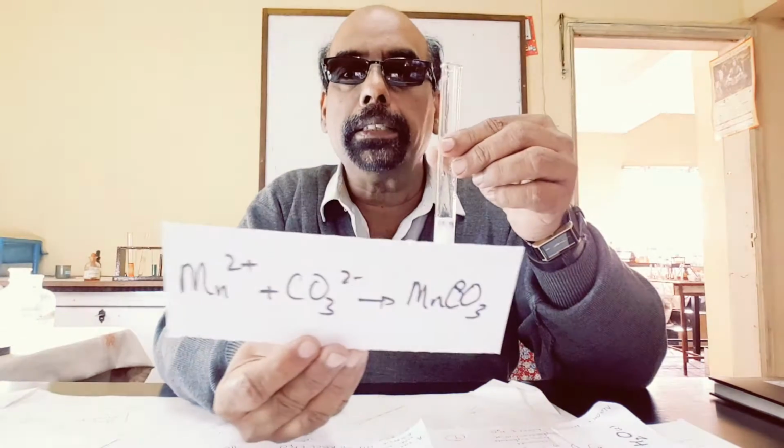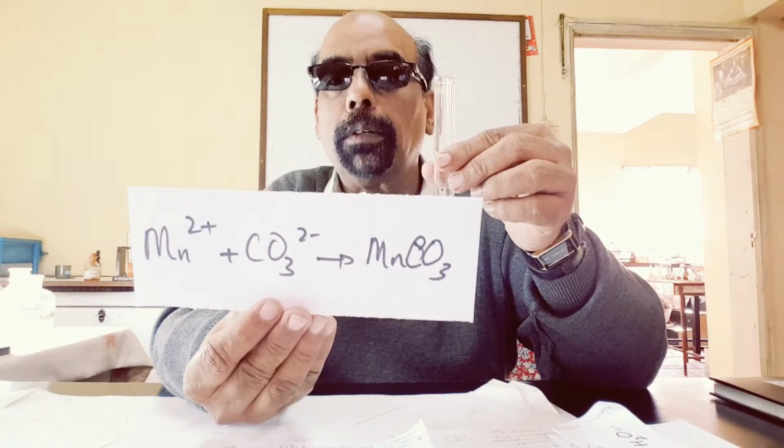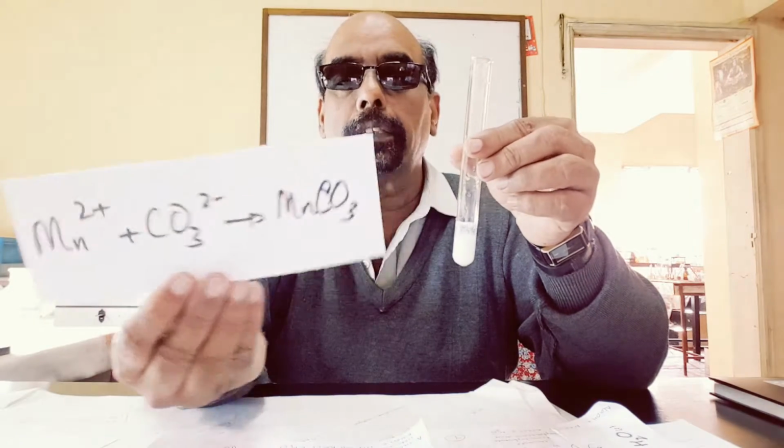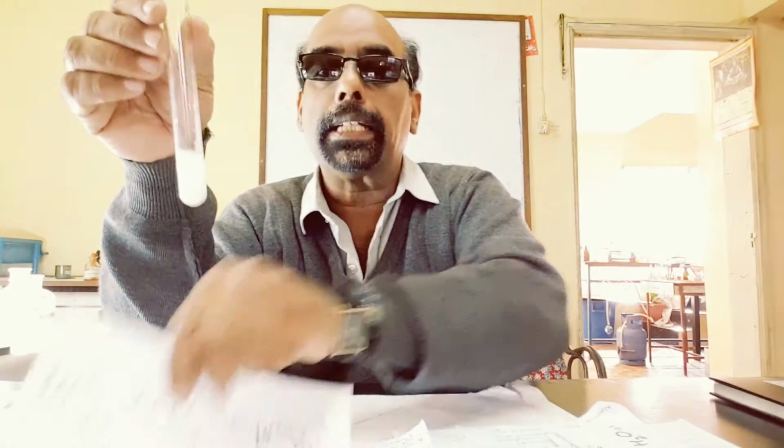Manganese from manganese sulfate and carbonate from sodium carbonate give manganese carbonate. If I filter this, I obtain manganese carbonate as the residue. So I know how to obtain a salt known as manganese carbonate.